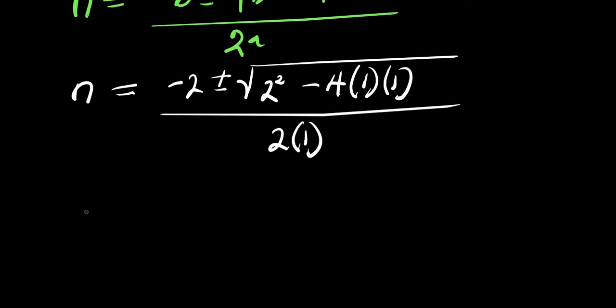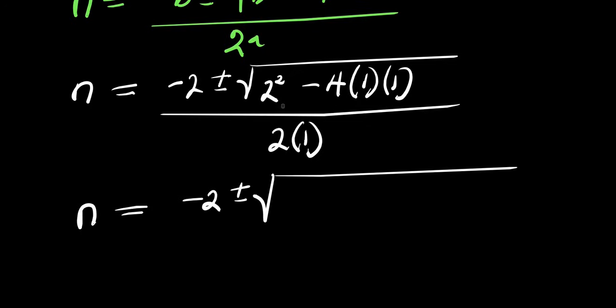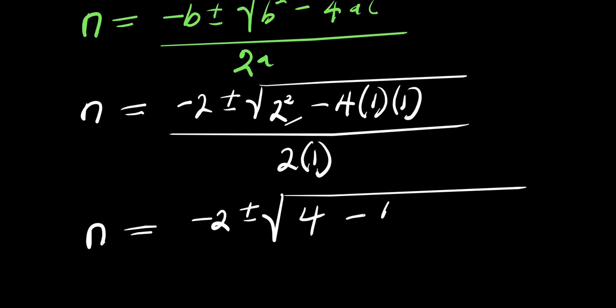From here, I have n equals negative 2 plus or minus square root of 2 squared here, that is 4, minus, sorry, a is 4 here. So this is 4ac. So this is 4 times 4, that is 16, times 1, that is 16, divided by 2 times 4.